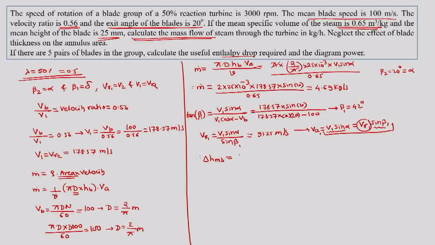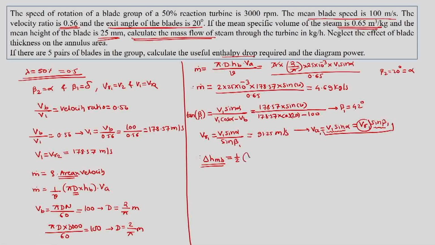Since there is no enthalpy drop in the impulse turbine, and in case of frictionless flow, we have VR1 equal to VR2. Relative velocity does not change, but in case of reaction turbine relative velocity changes. So there is an increase in relative kinetic energy, which is basically due to change in enthalpy in the moving blade.